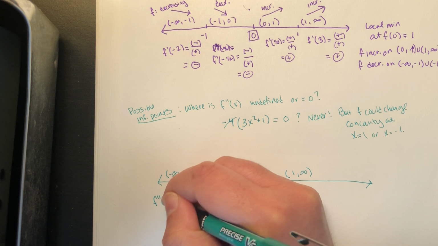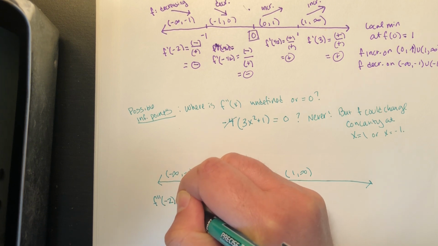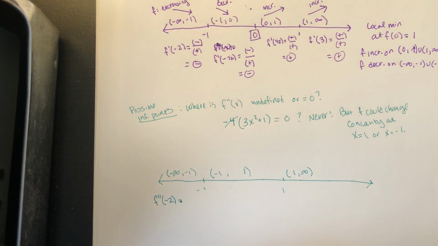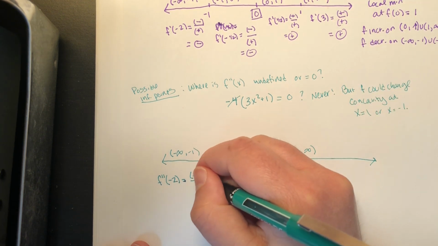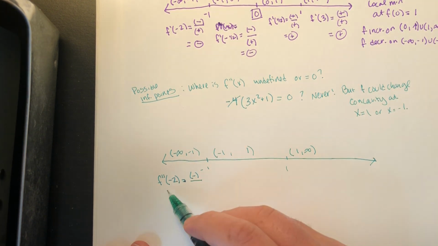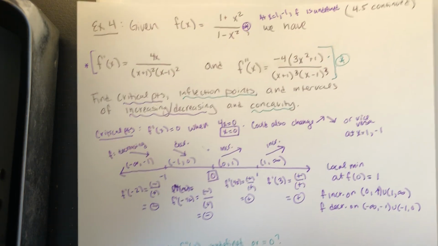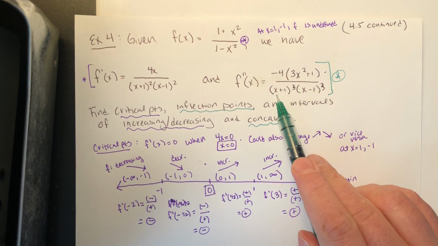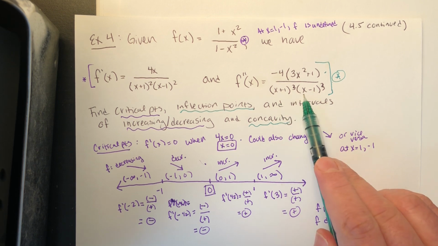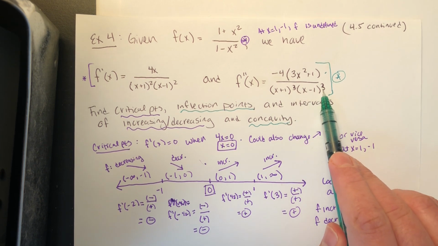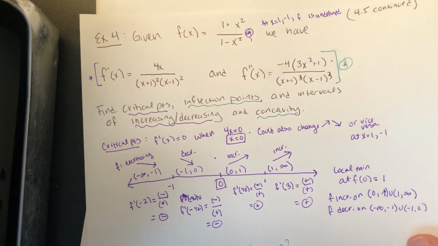So let's plug in some x values in each interval. If I were to plug in, let's say, -2 into the second derivative function, we said that the numerator is always going to be negative, but the denominator won't be, right? So if I plugged in -2 into the second derivative function, we'll have -2 plus 1 cubed is negative, and -2 minus 1 cubed is also negative, right?